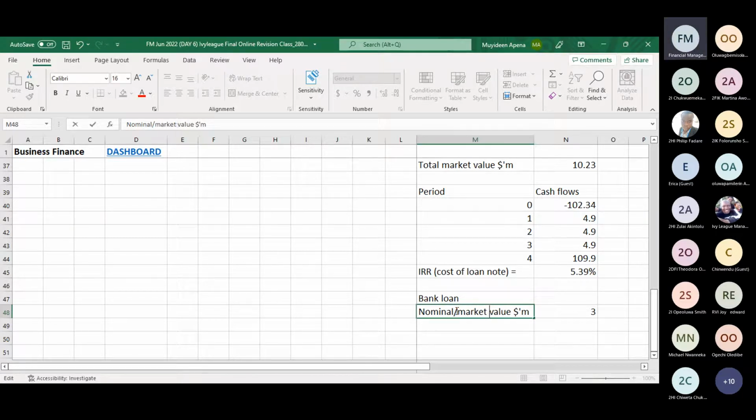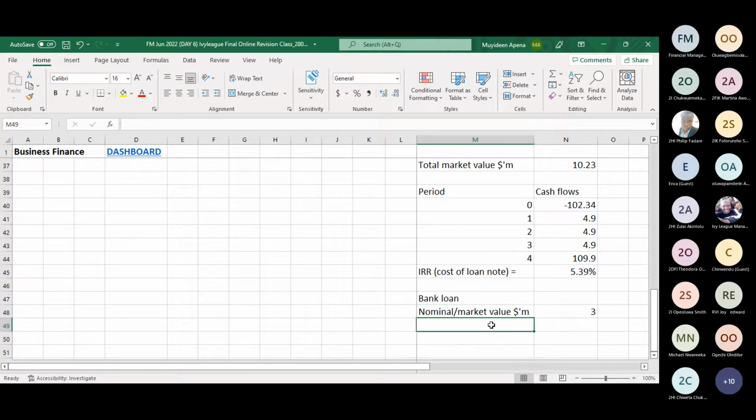If anytime you want to sell the bank loan, you sell the outstanding balance, and that will be the market value. So 3 million. Now the next thing is, what then is the cost of this instrument?